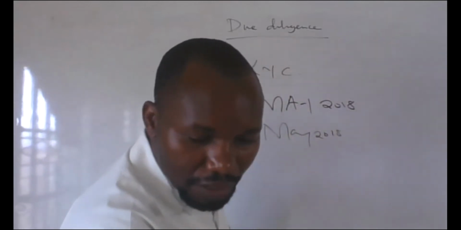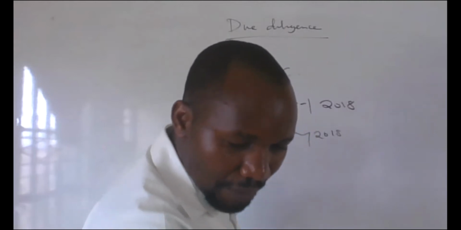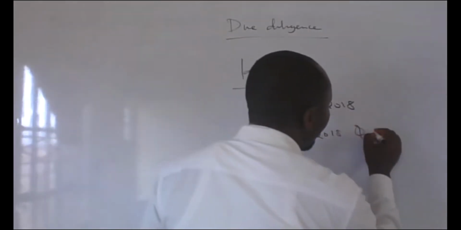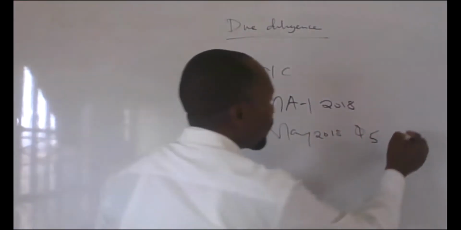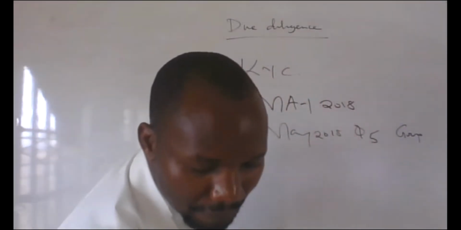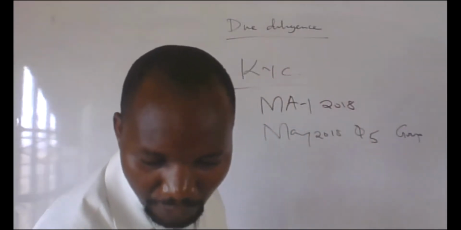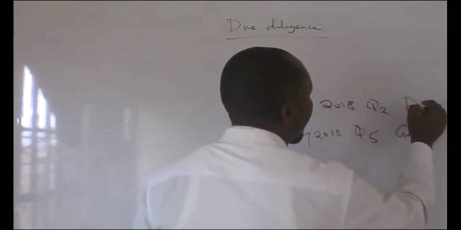This one is about joint audit, or group audit. It's group audit, May 2018 question 5. Then this other one is question number 2, due diligence.